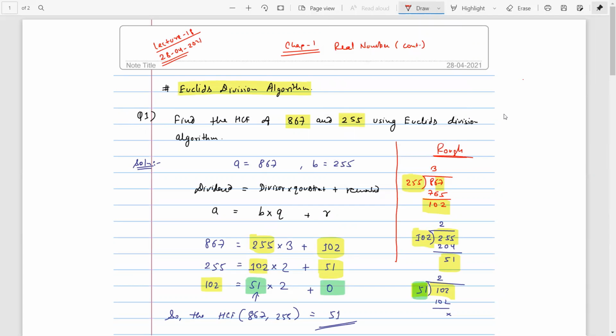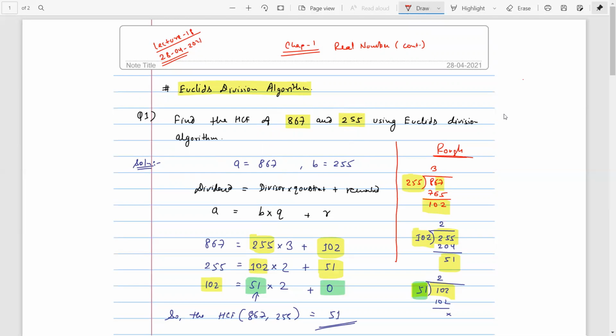It says: find the HCF of these two numbers using Euclid's division algorithm. It should be straightforward. There are two numbers, A and B. Of course, the bigger one we will call A, and the smaller number we will call B.